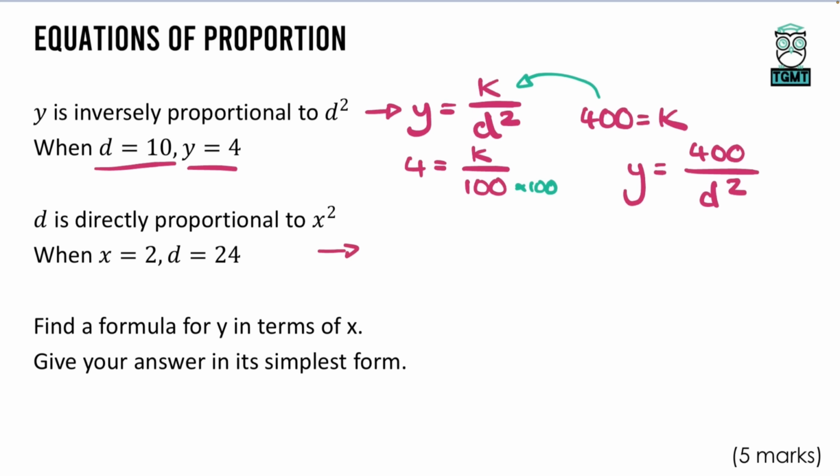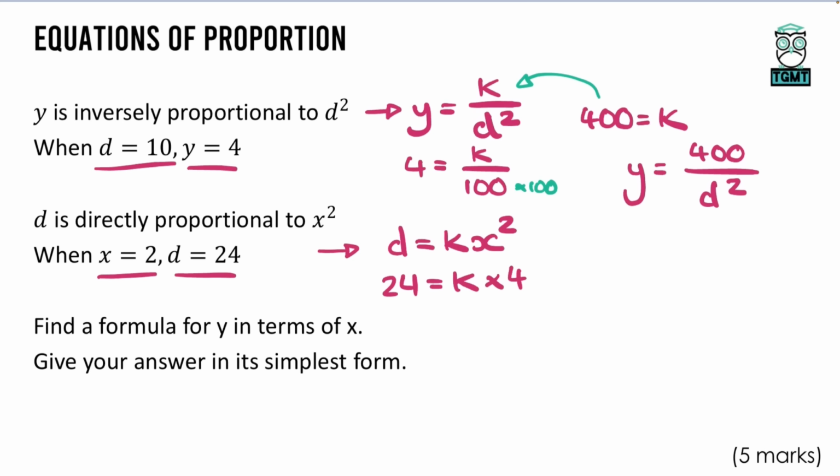The next one is a direct proportion formula. It says d is directly proportional to x squared, so d equals k times x squared, or kx squared. I can now sub the values in that I've been given. x is 2, d is 24. So 24 equals k. I am going to put a times now, because I'm going to do 2 squared, which is 4. And I want it to be really clear there that to solve this, we have to divide by 4.